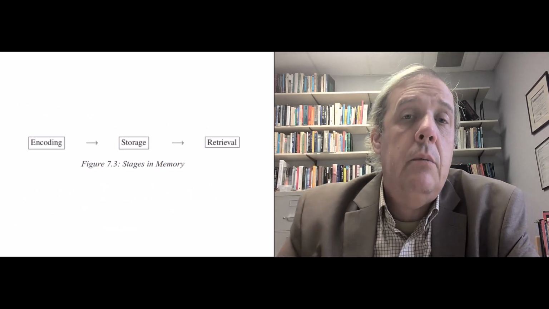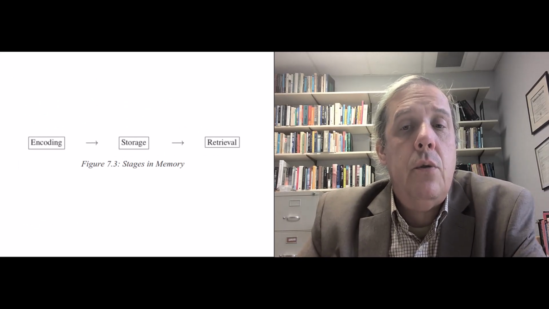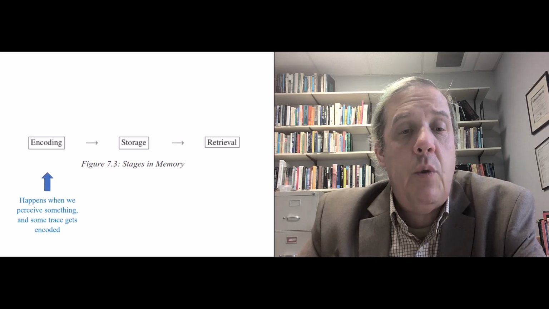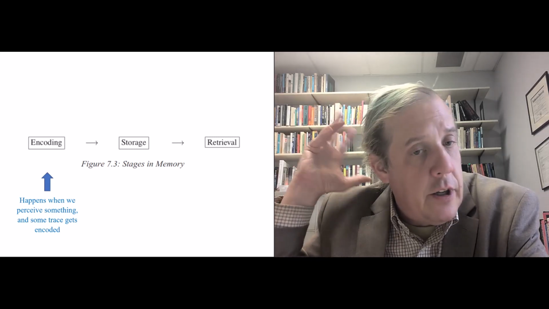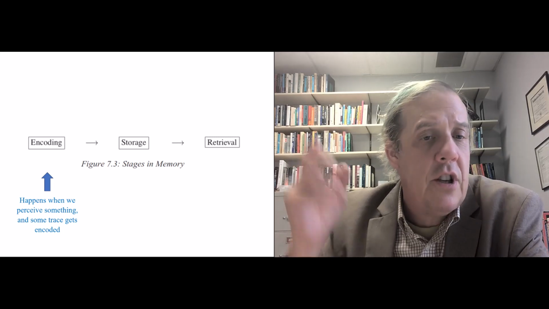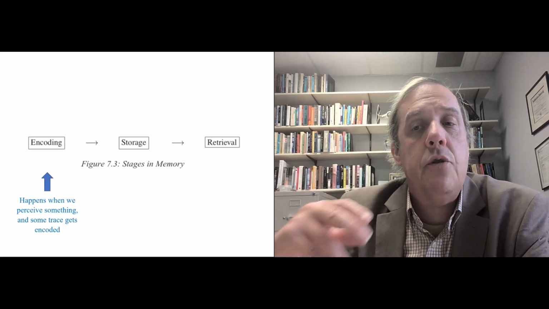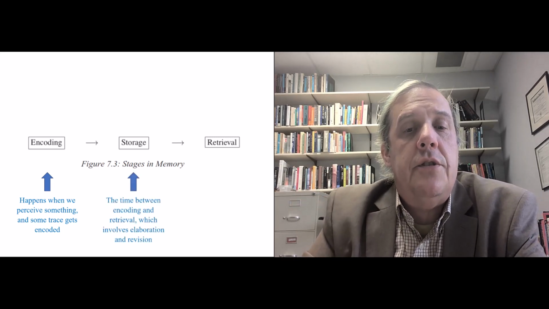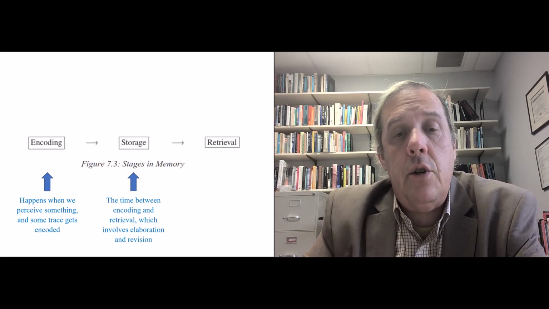Okay, so your reading breaks memory down into 3 stages: encoding, storage, and retrieval. Encoding happens when we first perceive something, and then some trace of that gets recorded, gets encoded somewhere in our brain. And it's not the full image, it's just some kind of trace. Storage is the time between encoding and retrieval. And storage is not static.